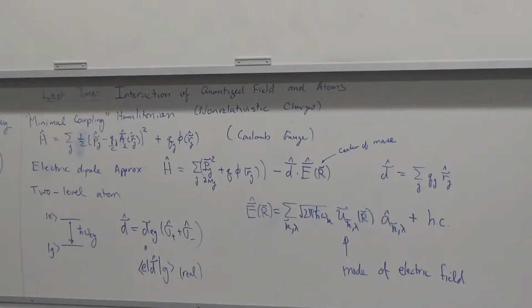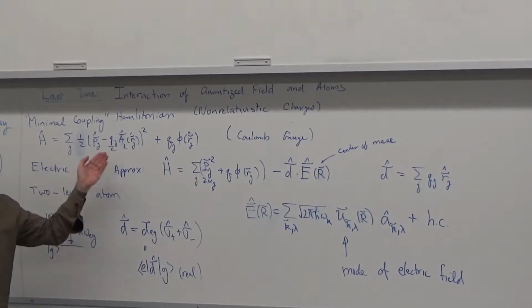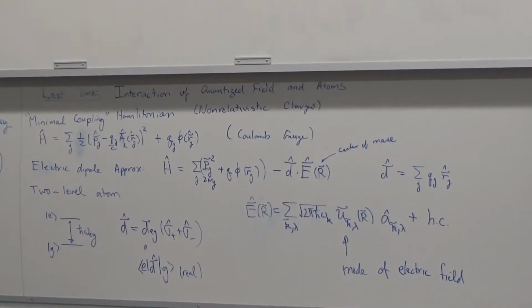Okay. So we started the discussion. We said, well, we could write down what's called the minimal coupling Hamiltonian that couples the fields and the charges through the vector potential and the scalar potential. In the Coulomb gauge, as we've discussed, we only quantize the transverse part of the vector potential.